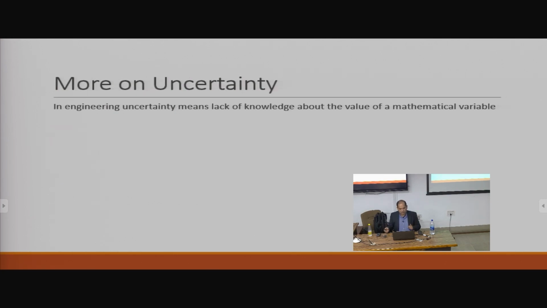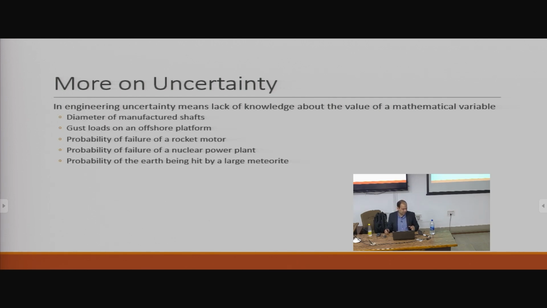Okay. So in engineering, uncertainty means lack of knowledge about the value of a mathematical variable. We've gone through these examples: diameters, gust loads, probability of failure of a rocket motor, probability of failure of a nuclear power plant, probability of being hit by a large meteorite. And this uncertainty must be characterized before one can make a good decision under uncertainty, right?